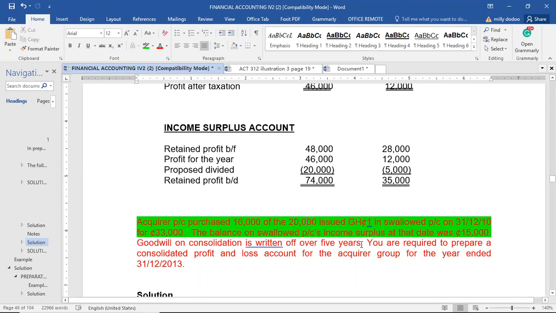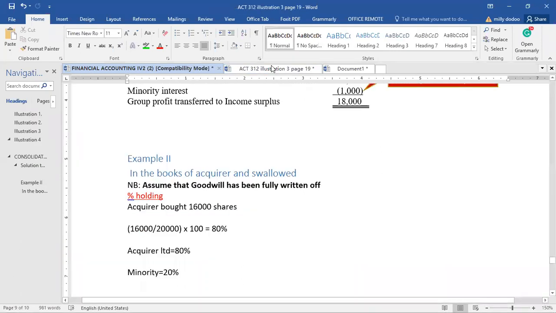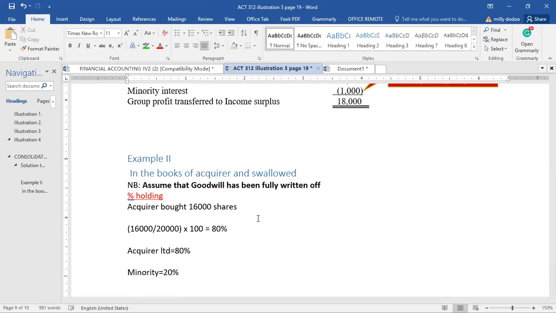From the earlier lessons on consolidation of balance sheet, we were not given the percentage holding, and I told you that without the percentage holding, you can't consolidate. So you must establish the parent subsidiary relationship.